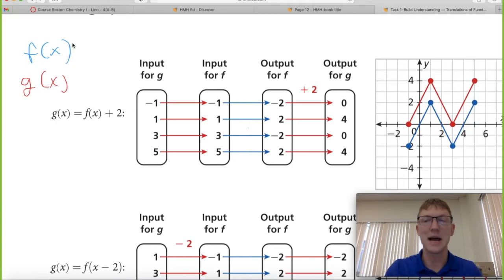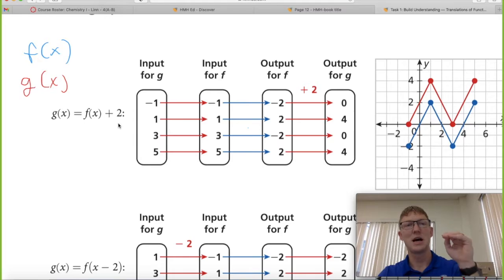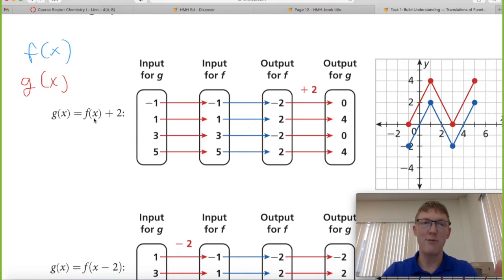All that matters is how it is changing into g of x. Because notice g of x is f of x plus 2. So if we have our f of x right here, and we think about every value that we plug in, g of x is just going to be 2 spaces higher than f of x because that plus 2 is on the outside.